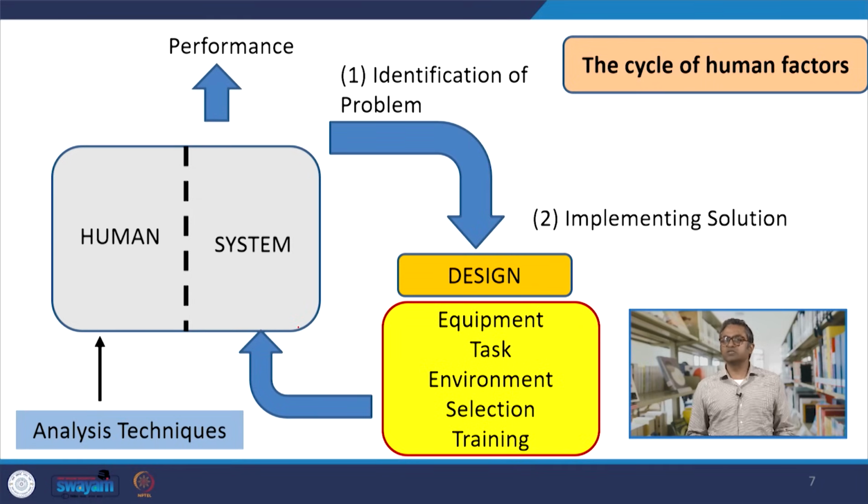Now when we talk about the design, equipment may be involved, hardware, the task which could be related to software in the case of human computer interaction, the environment in which we are working, the context, the selection of the task itself, what kind of task and response we are selecting, and the training associated with it. The more training there is, the better way to solve an existing problem. Less training may have its own challenges.